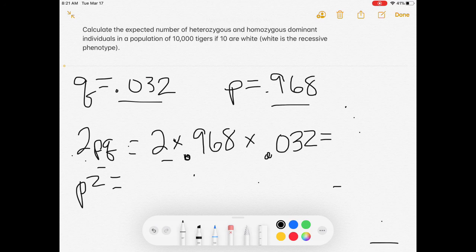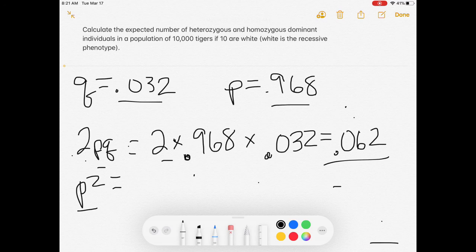When we do that, I'm literally typing this into my calculator right now, which is what you all should be doing, we get 0.062. That's our frequency of heterozygotes. That's not our expected number yet, by the way. If you want to find the expected number, you have to multiply that by the total number of tigers in the population, and we'll get there in a second.